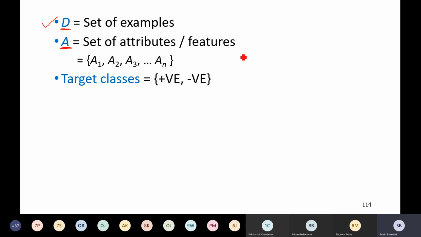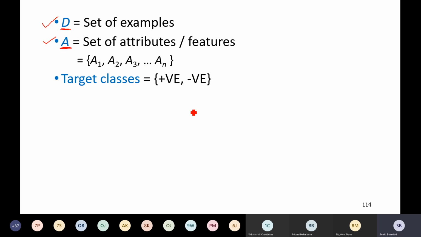It is the set of attributes or features. Let us assume that we have n features, denoted here as A1, A2, A3, A4, A5 up to AN.